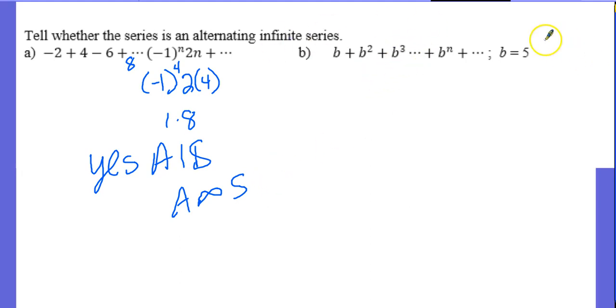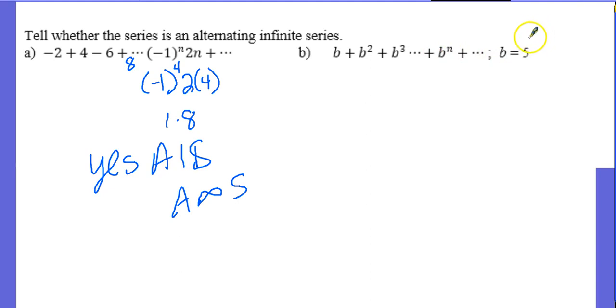You just write yes, it is. Okay. Now let's look at B. So we have these variables. Now here's the thing. Variables can represent positives, negatives, imaginary. They can represent all kinds of things. So let's look at it. It's b plus b squared plus b cubed to infinity interrupted by the rule b to the n power plus to infinity, when b equals 5.